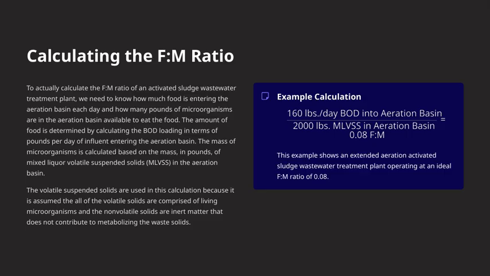The non-volatile solids, on the other hand, are inert and don't play a role in metabolizing waste. To make this clearer, let's consider an example. Imagine an extended aeration plant operating at an ideal F/M ratio of 0.08. This example helps us see how these calculations come together in real-world scenarios.